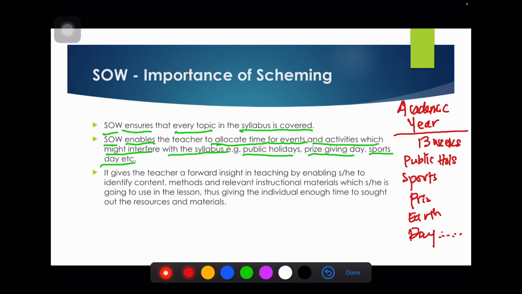Okay? Now, another thing is that SOW gives the teacher a forward insight in teaching by enabling she or he to identify the content, the methods, and relevant instructional materials which he or she is going to use in the lesson. So, giving the individual enough time to sort out the resources and materials.